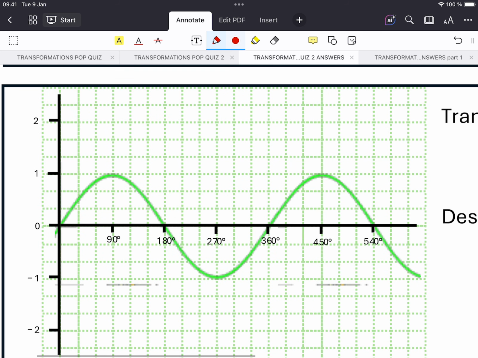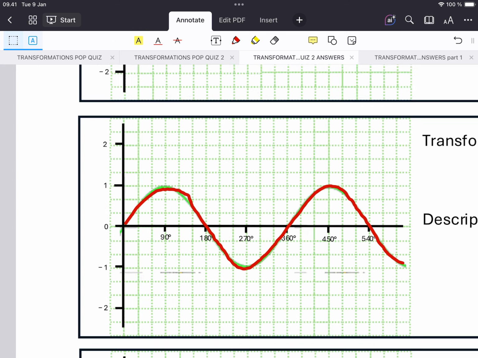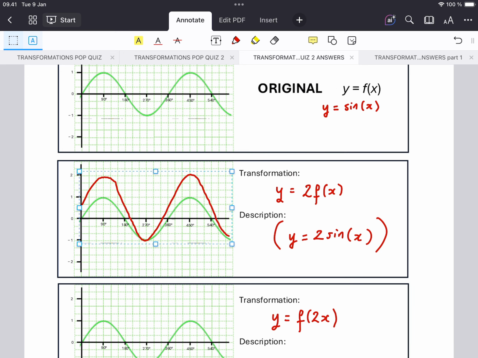So I'm just going to zoom in on this. I'll just trace it out, and then I'm going to stretch it a bit. Multiplying all of the values by 2 will make them all 2 times bigger. So everything stretches away from the x-axis and increases by a factor of 2.